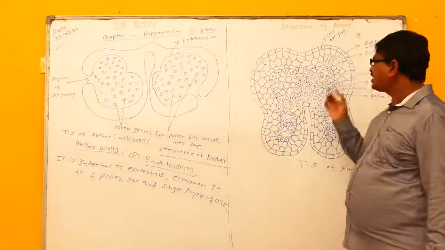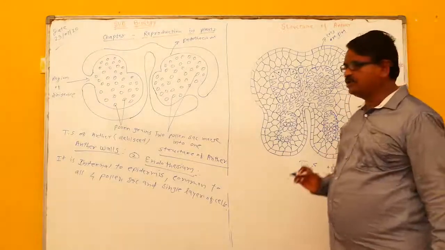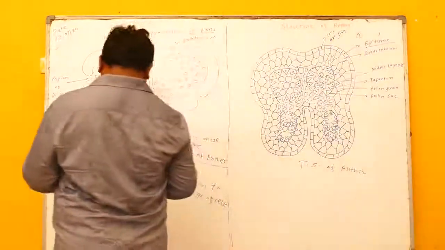Then what type are the cells of the endothecium?